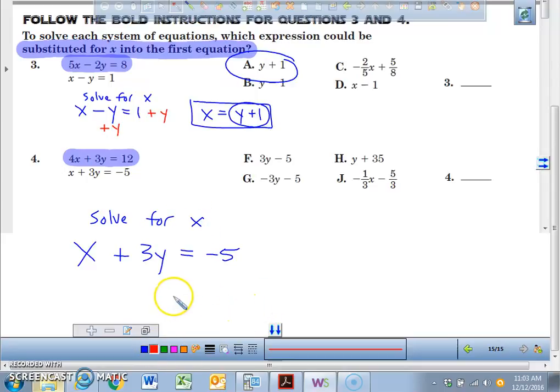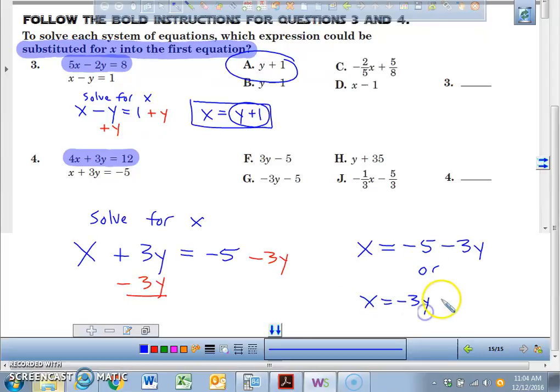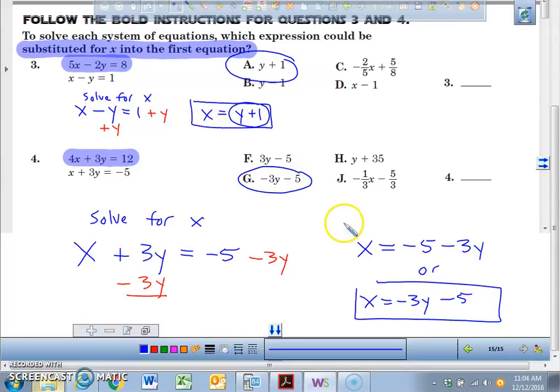If I'm solving for x, what do I have to do to both sides? Minus 3y to both sides. So you could say x equals -5 minus 3y, or you could say x equals -3y minus 5. There it is. G. There it is. All right?